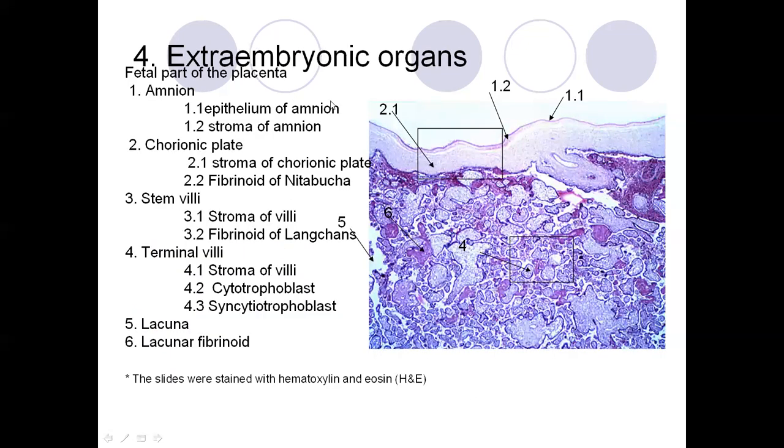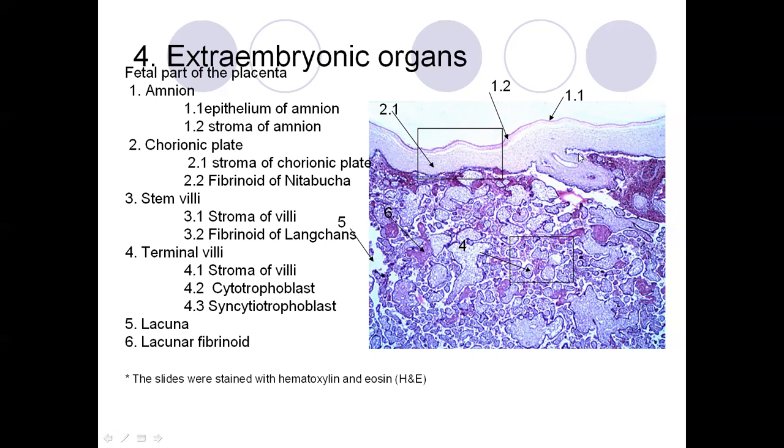In the microphoto, you can see the chorionic plate, and this line, the amnion. The amnion has two colors: the more violet color is amniotic epithelium, and the pink color is amniotic connective tissue. This is the chorionic plate, connective tissue of the chorionic plate, and in this part, the violet line, syncytiotrophoblast or syncytium and cytotrophoblast, not epithelium.